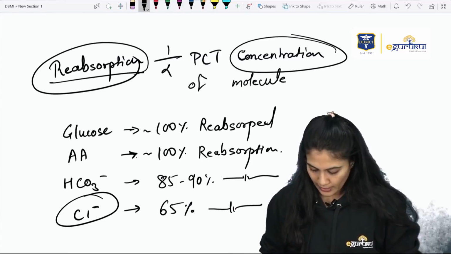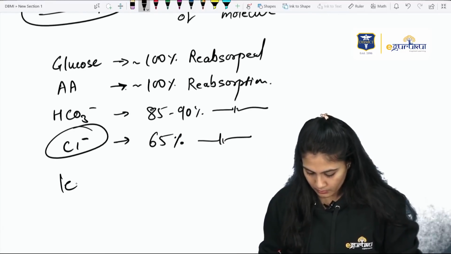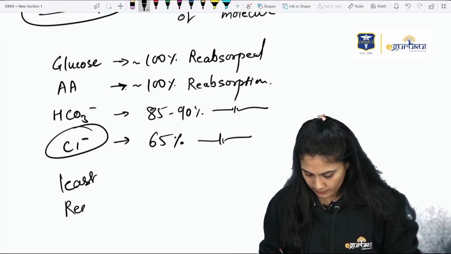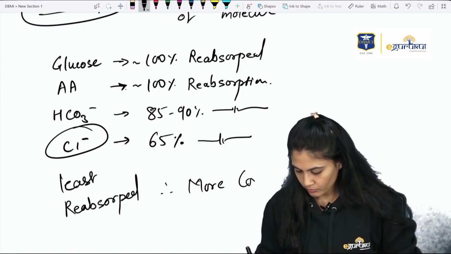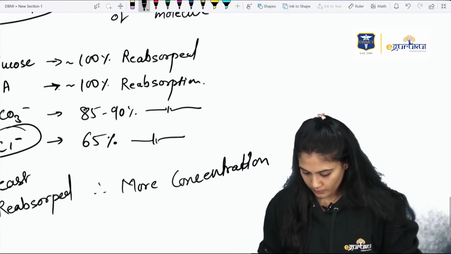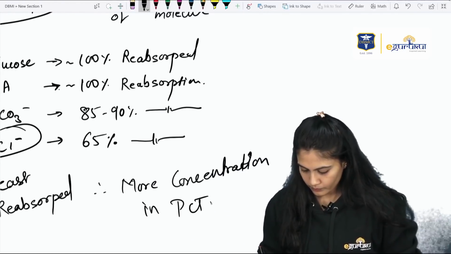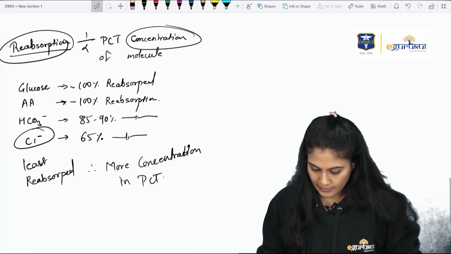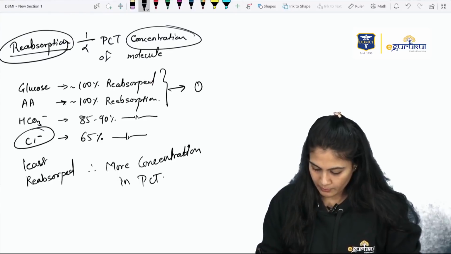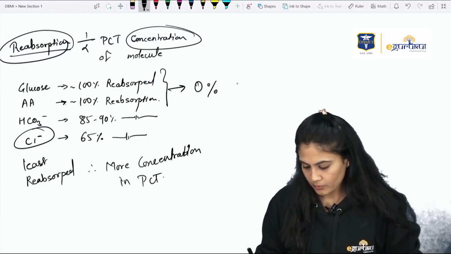So chloride is least reabsorbed, so more concentration in the PCT, and these two are 100% reabsorbed, meaning almost 0% PCT concentration.